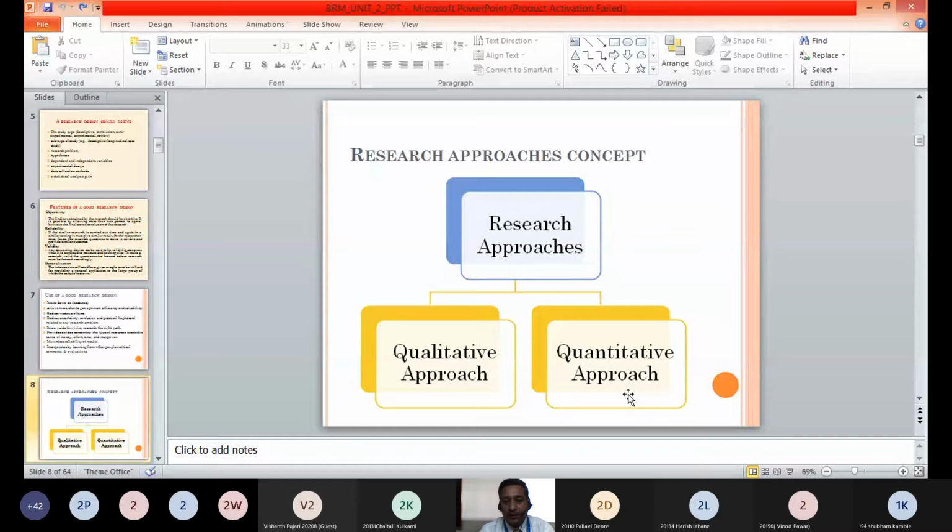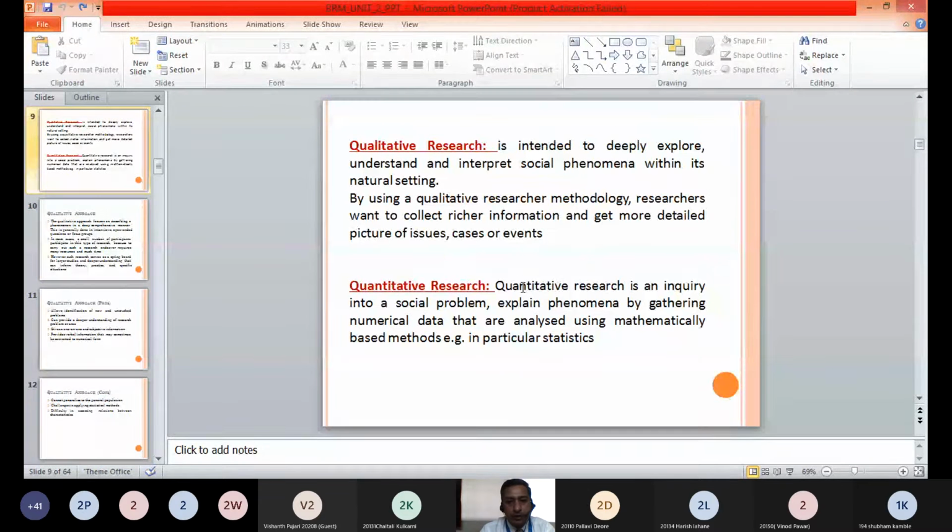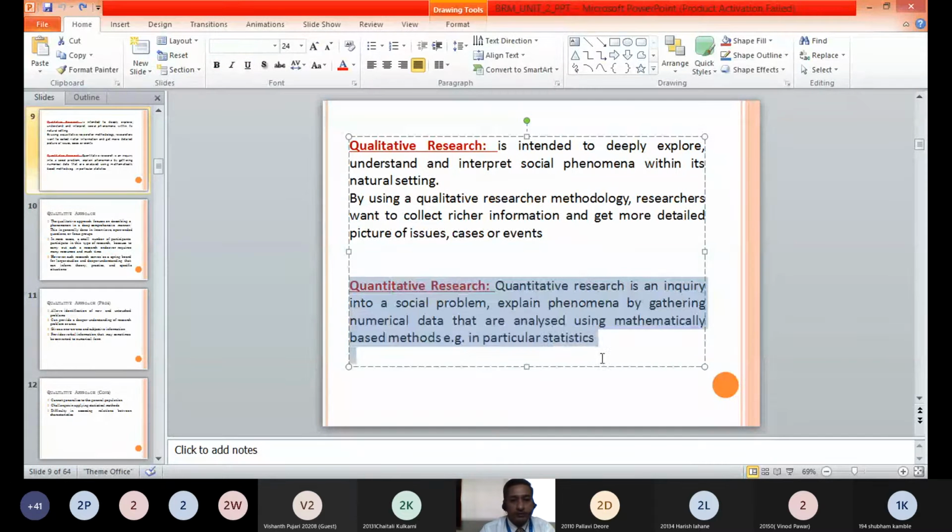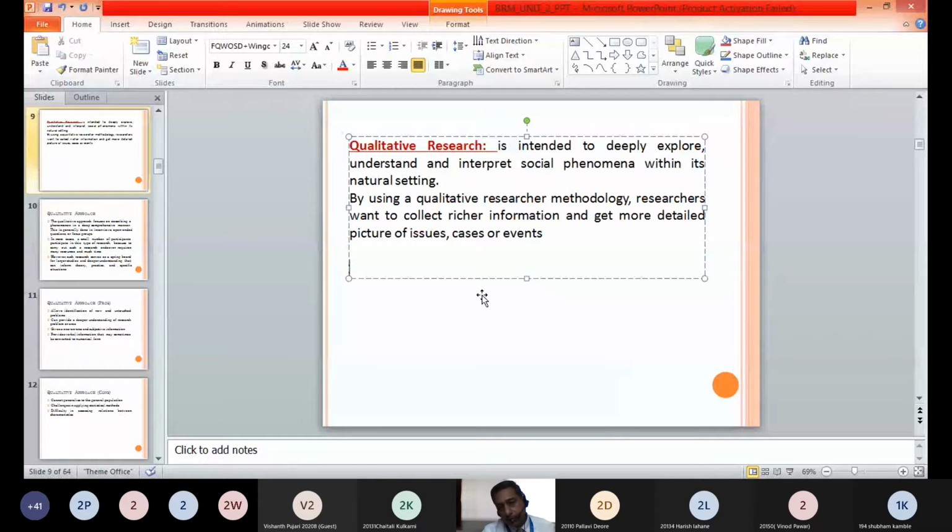Right? Very correctly, Shubham has pointed out. Quantitative means it is about numbers, isn't it? So we'll see what is the meaning of qualitative research and quantitative research. First we'll understand the meaning of these terms.